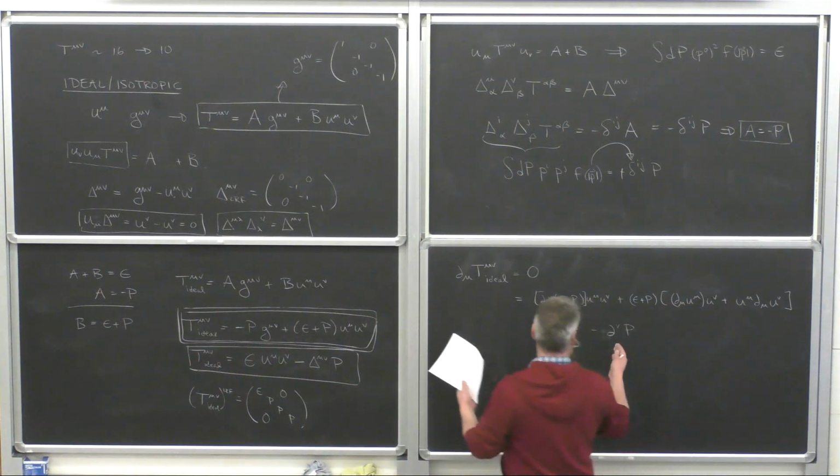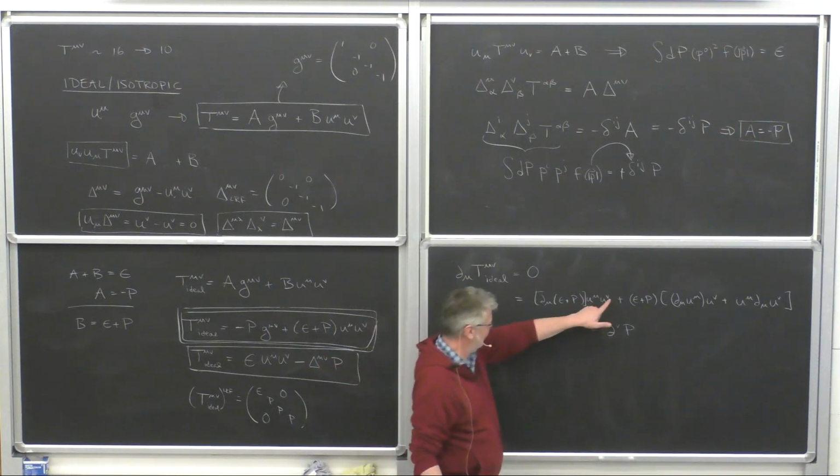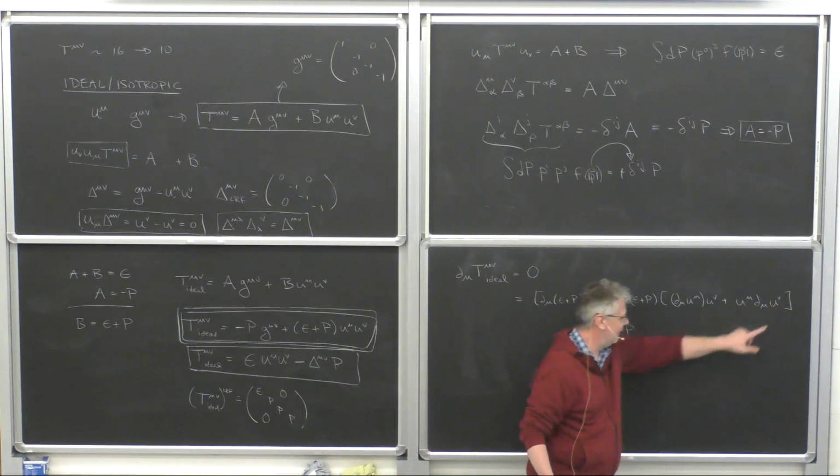Right, so this thing is 4 equations, and it depends on nu everywhere as the dangling index.